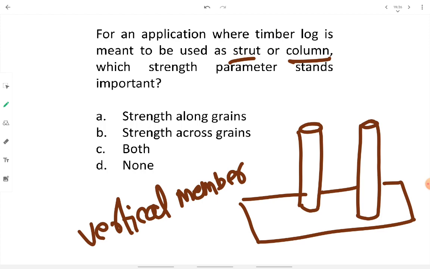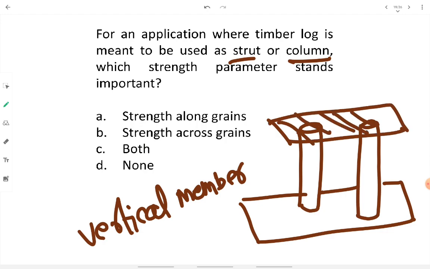Whatever the use of these columns, they will obviously be loaded with something, and all the stress will come in the longitudinal direction. When we say they are meant to be used as columns, they will be receiving a compressive load.